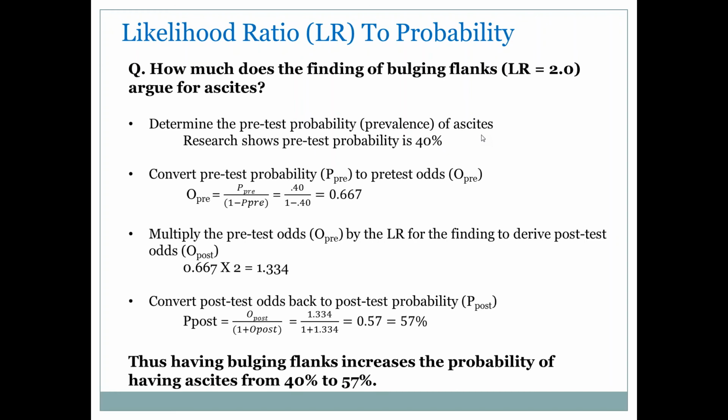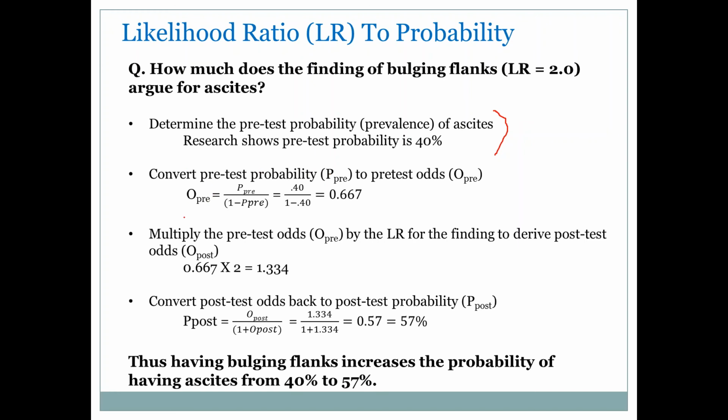We're going to say the prevalence of ascites in the population is about 40%. We can't find this out from the computations. We have to get it from the literature or something we know. This is where it's Bayesian again, because we're coming in with some information we know, and we're going to use it for our calculations. Then we're going to convert the pretest probability to the post-test odds.